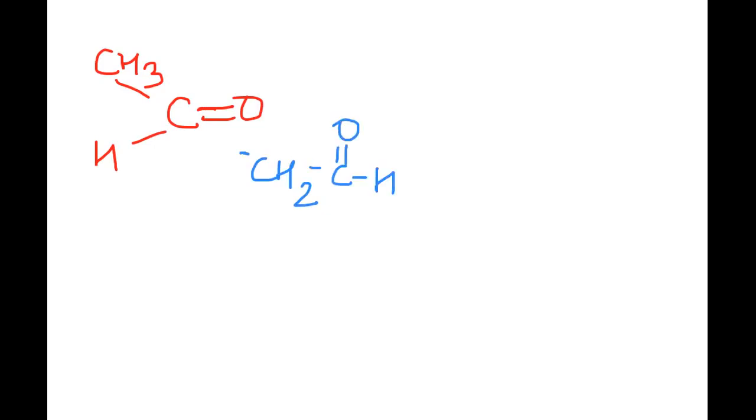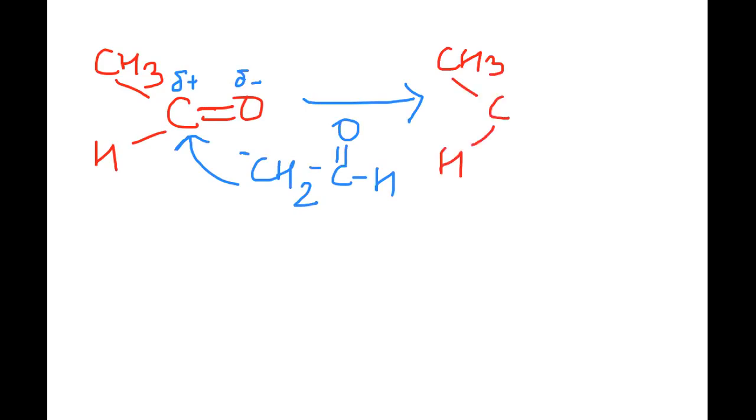Why will it attack? Because you know that this is del positive and this is del negative. So when it attacks, it's going to form an addition compound, which is going to look like CH3, C, and this H remains as it is, and the electrons will move to this oxygen. So this is going to get a negative charge.